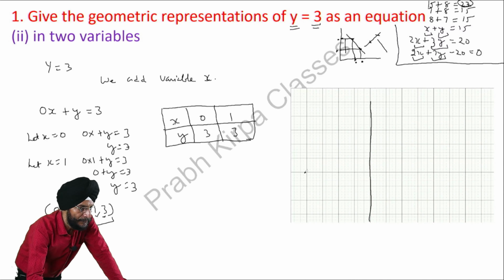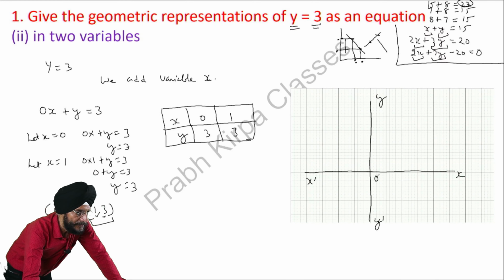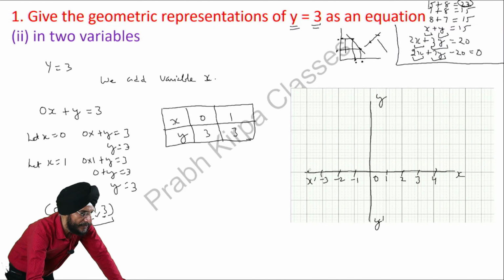This is the y-axis, this is the x-axis. Here it is 0, this is 1, 2, 3, 4, and minus 1, minus 2, minus 3, minus 4 on the y-axis. On the x-axis it is minus 1, minus 2, minus 3, 1, 2, 3, 4.